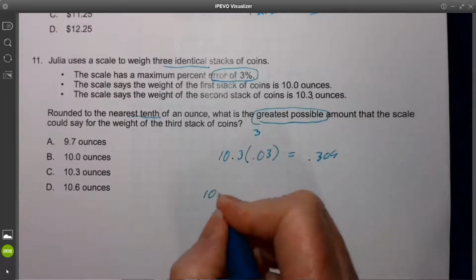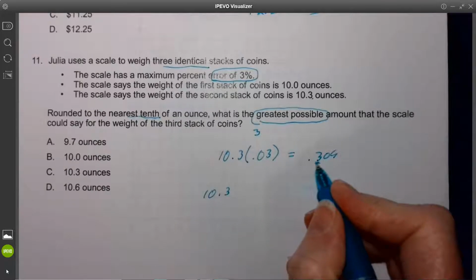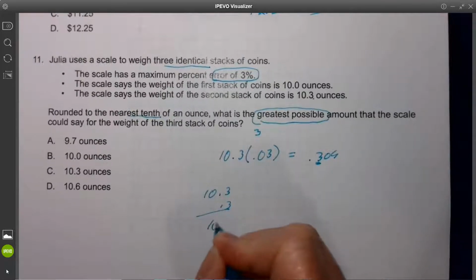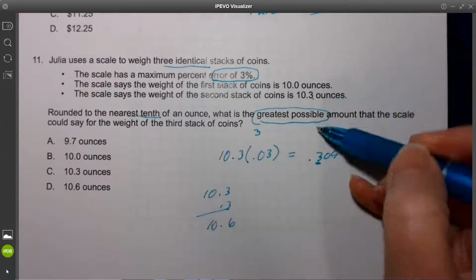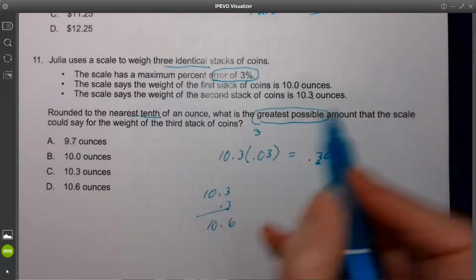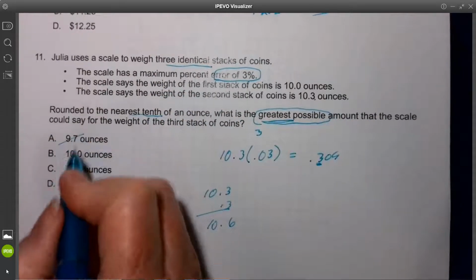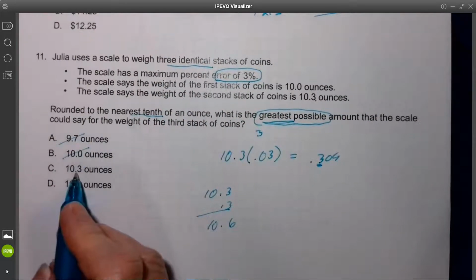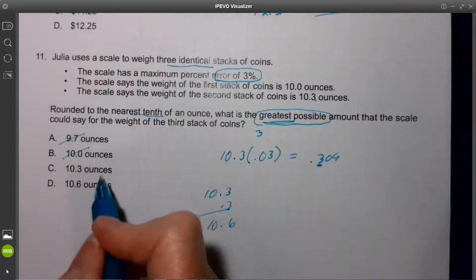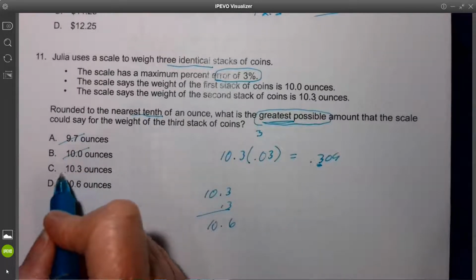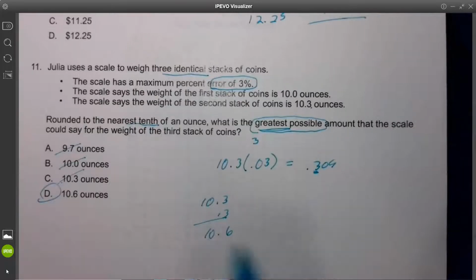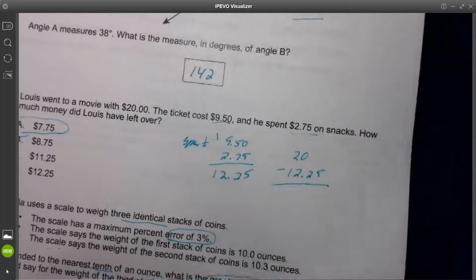So I'm going to take 10.3, and I'm going to add, round to the nearest tenth, 0.3. I get 10.6. But couldn't you also kind of see, because look at the options. It's not going to go down if it's the greatest. That one's out, that one's out. Even that one's out, because that we already have. So the greatest, it could be higher than that one. You didn't have to do all that math, people. Just kind of look at them sometimes, too. It doesn't hurt to do the math, though.